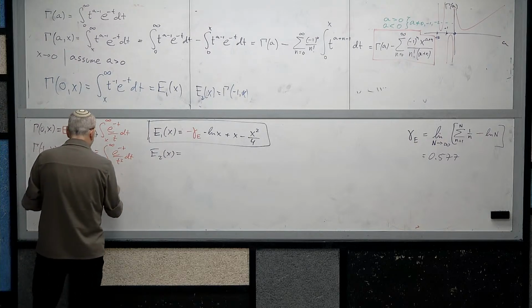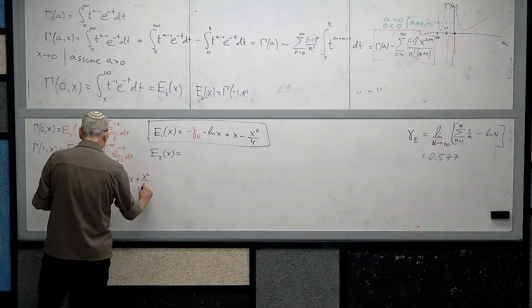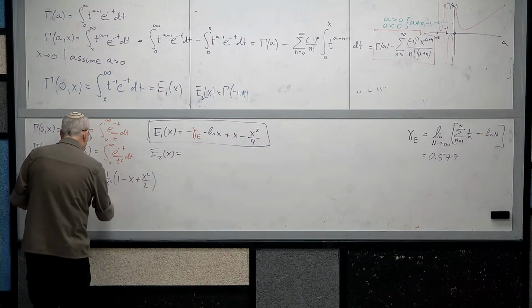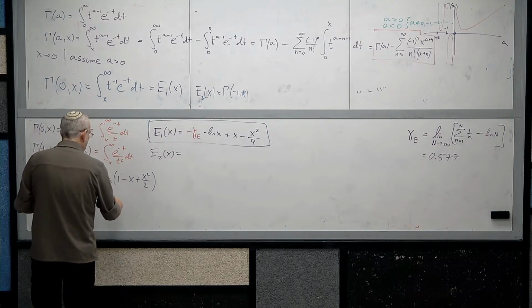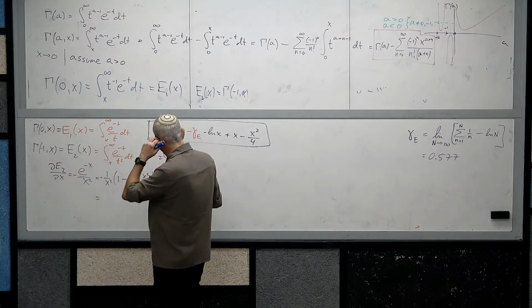And so I have minus 1 over x squared times 1 minus x plus x squared over 2, say, which is, so what do I have? And I have to integrate.